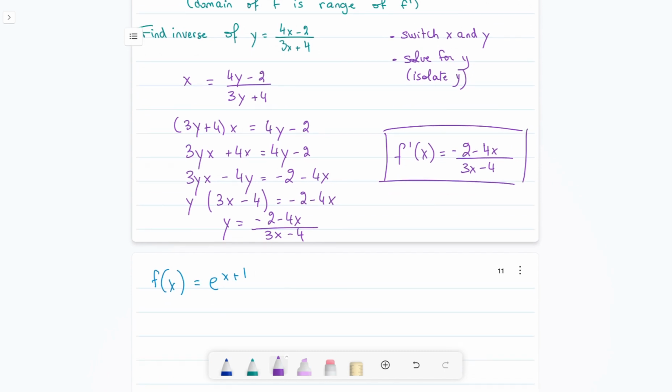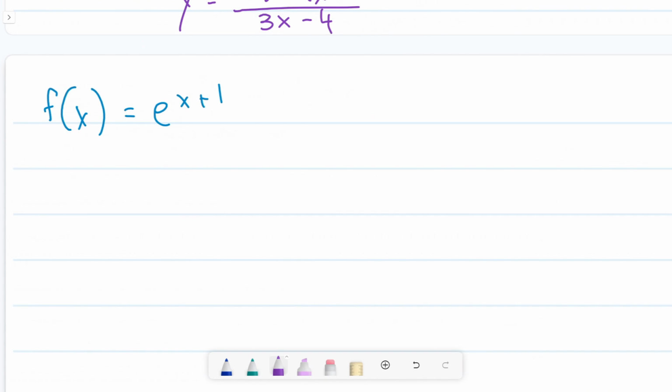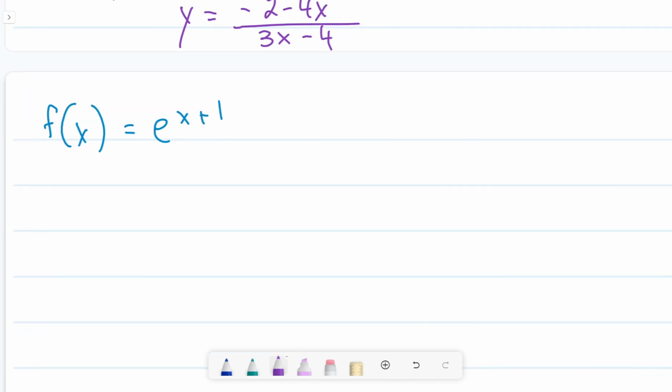Now we will look at another example. f of x equals e to the power of x plus 1. We would like to find the inverse as well. As we did before, we will switch the x and the y. So I will write x equals e to the power of y plus 1. Then I would like to solve for y. To get rid of e, I can take ln.